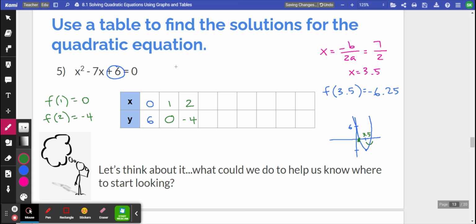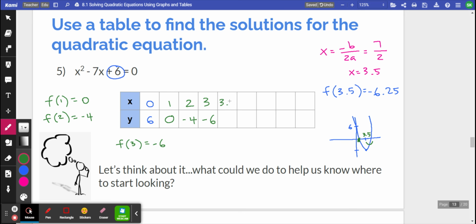And then if I plug in f of 3, that's 3 squared, so 9. 9 minus 21. What is 9 minus 21? It is negative 12. Negative 12 plus 6 is negative 6. So when x is 3, y is negative 6.